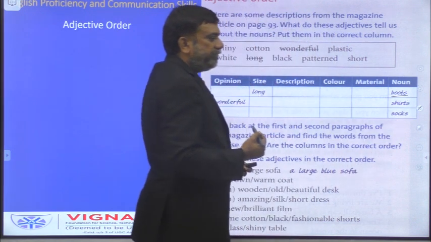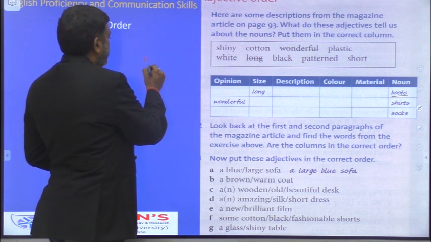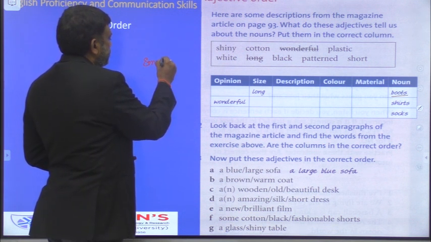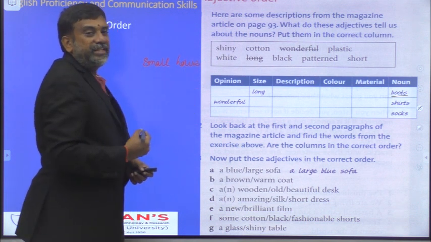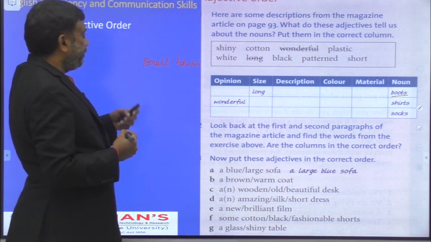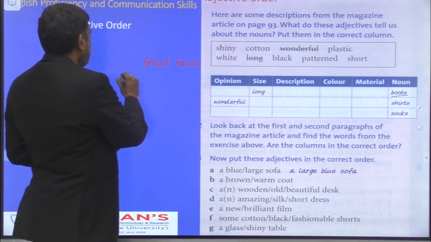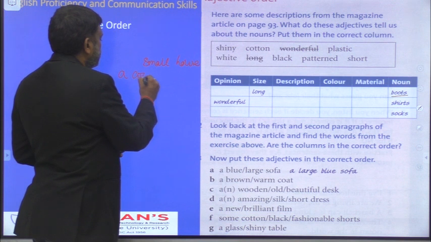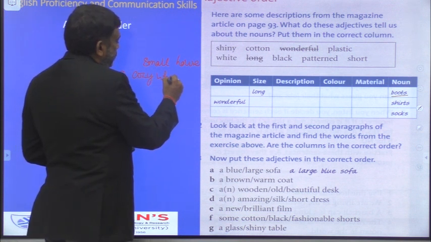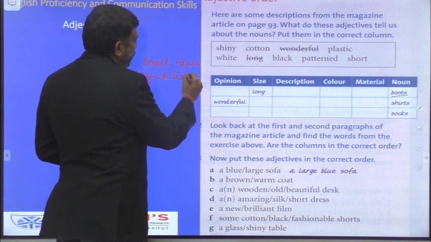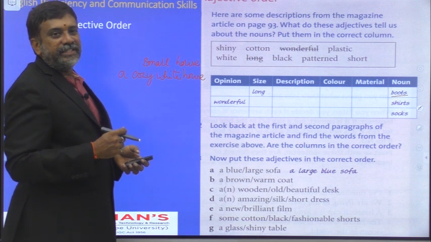Here, whenever we are going to use, suppose I have a small house. But if I want to describe it in more ways, what shall I do? I have a cozy white house. If I don't mean the White House of the American President, my house is painted in white color.